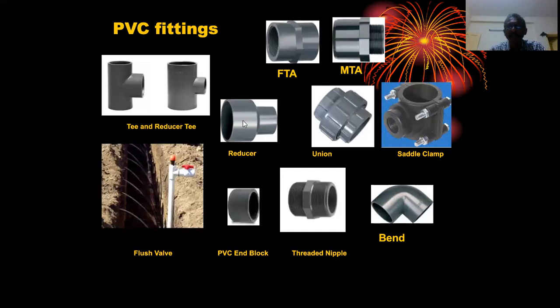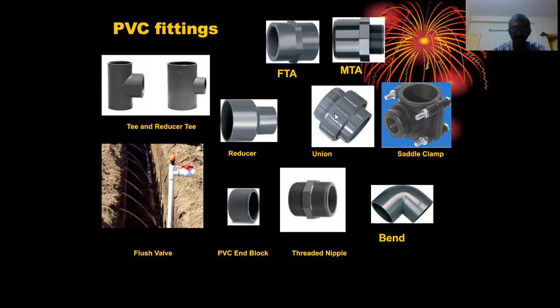And this is a reducer. When one wants, along the way, to reduce the size of the pipe from a larger diameter to a smaller diameter, one can use this reducer component. And this is called union. This union is available both in GI, galvanized iron, and also in PVC. On both sides, you will have threads.